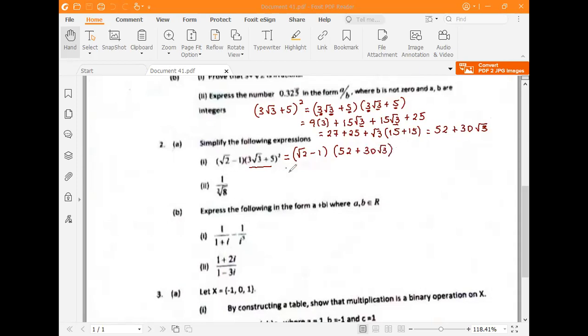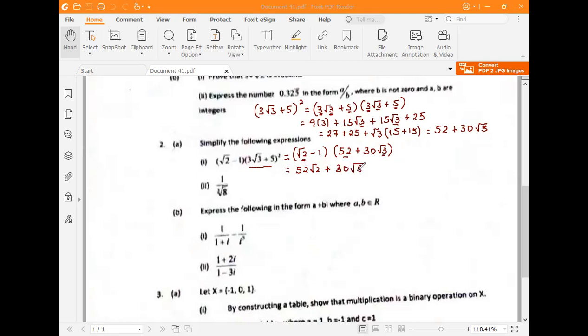Then now we expand again. Root 2 times 52 is 52 multiplied by root 2, plus 30 root 2 times root 3, it becomes root 6. So you just multiply the inside of the root 2 by 3, you get 6, so it becomes root 6.